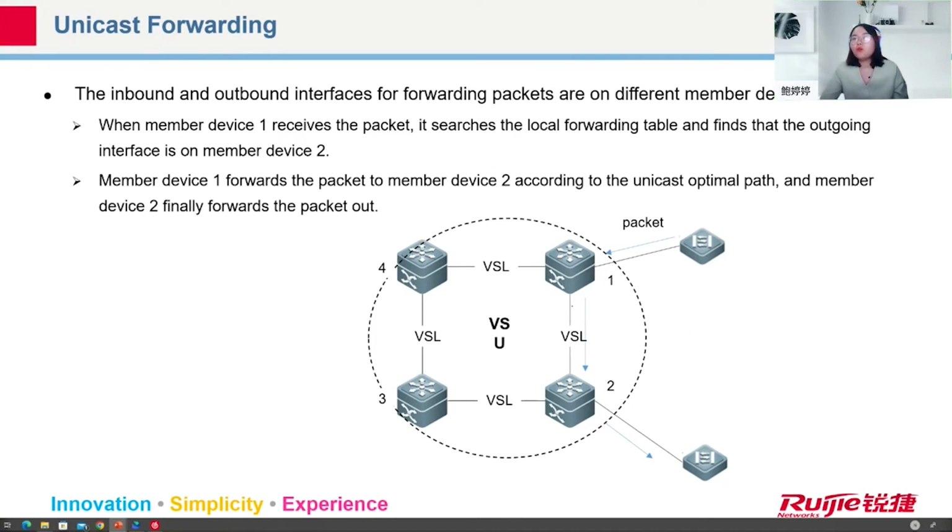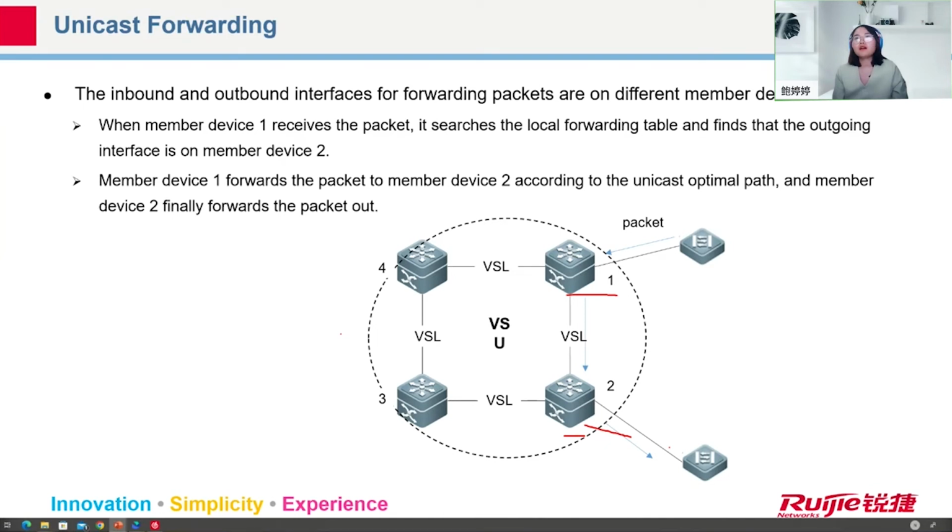The switch ID 1 device receives a message, and according to the forwarding table, I will select switch 2 as the best next hop, and I will forward the traffic to switch 2, and then the message will be sent out. Of course, in the topology, I tell you this is the next hop, but in a real dynamic routing protocol like OSPF, we will think one VSU is one device.